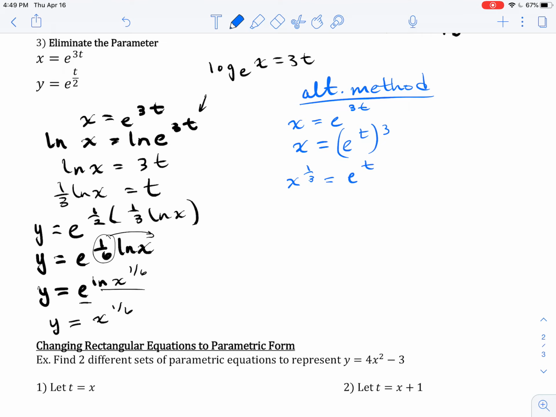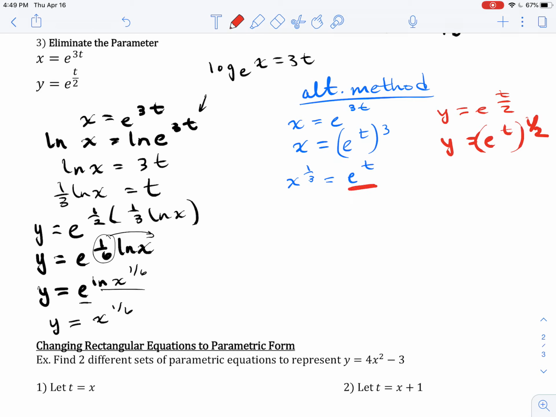Well, why on earth would I do that? Because I could take my other equation and rewrite this so that... well, what's the use in that?